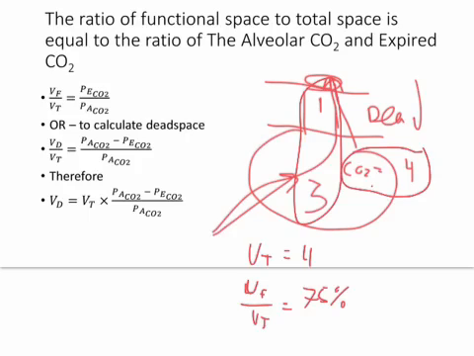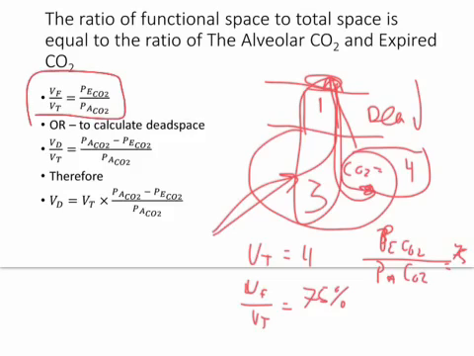The pressure of CO2 would be reduced to 75% of its original value, so that P big A CO2 divided by the expired PE CO2 would also equal 75%. Or in other words, the functional volume over the tidal volume, or the percent of functional space, is going to equal the ratio of expired CO2 to alveolar CO2.